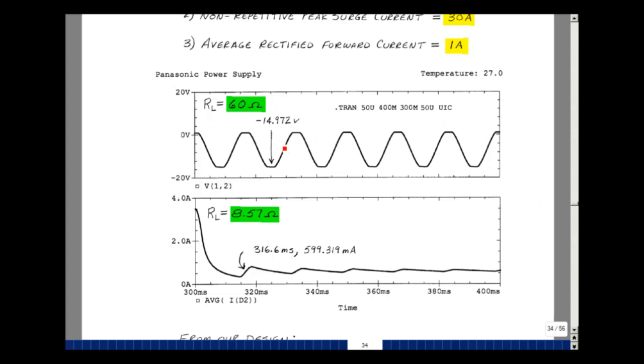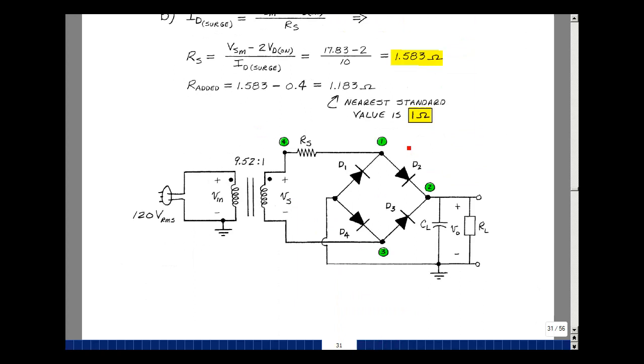We have 2 resistive loads, 60 ohms and 8.57. I want to look at the voltage across diode D2. You can see it gets forward biased and it gets reverse biased. Let me just go back to page 31 and show you how we can predict the value of this. Looking for the voltage across here when this is off.